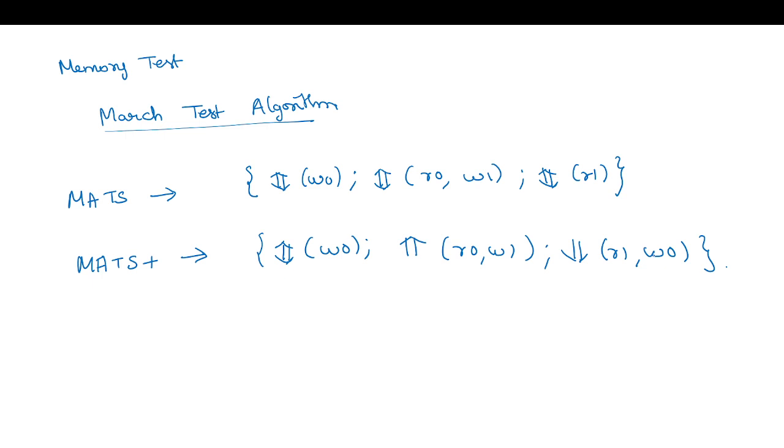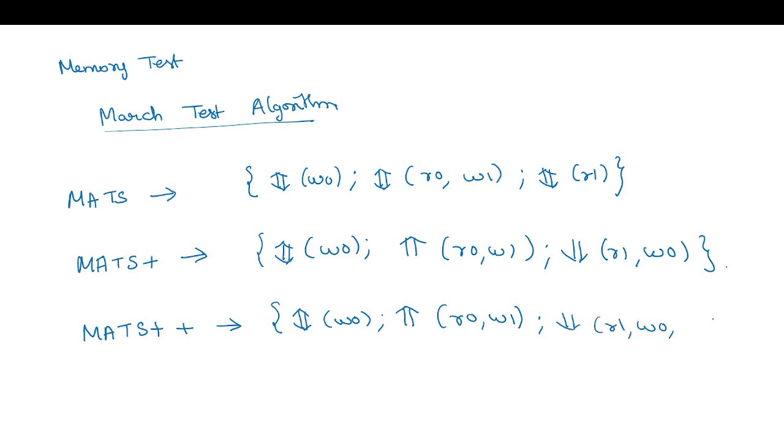So in this way we have different algorithms. MATS plus plus consists of first writing in any order because it's the first time. Next we specify the order that we read in this order and write the 1 in this order. In this order we read a 1, write a 0, and then we have written a 0, so let's read that.